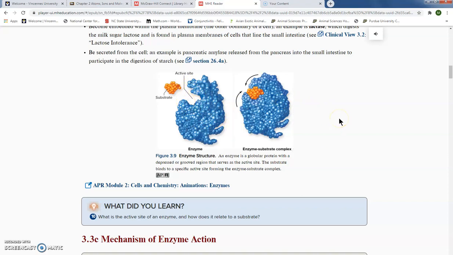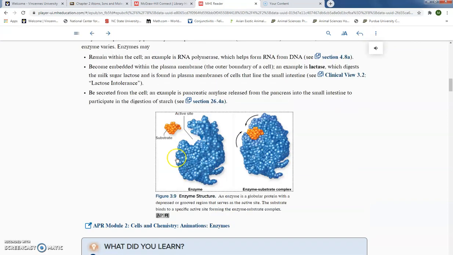If we have another enzyme, it'll have a different shape of its active site. The active site is where the substrate binds. The substrate is whatever reactants are the proper shape to fit into the active site of the enzyme.